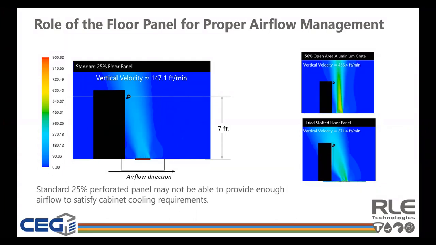As we look at the 3 CFD images, it's important to note that all of the CFD modeling parameters were exactly the same for each panel modeled, and you'll see that there are wildly different results. This slide, along with the next two, really helps illustrate why airflow panel selection is important.